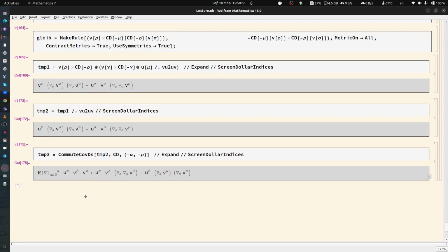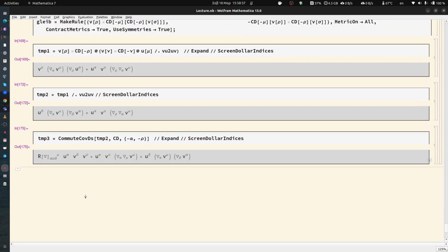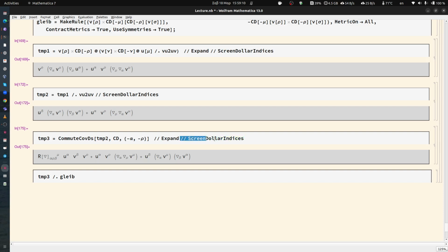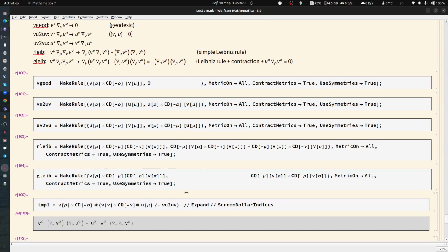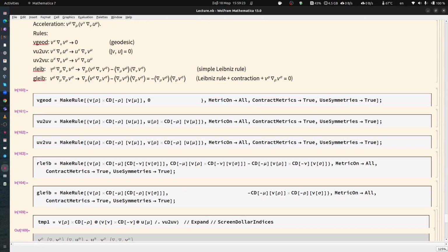Now, if you remember the proof that I have shown you analytically in a previous video, it involves applying the first Leibniz rule to this expression. Then you see this v d dv has been replaced by that.